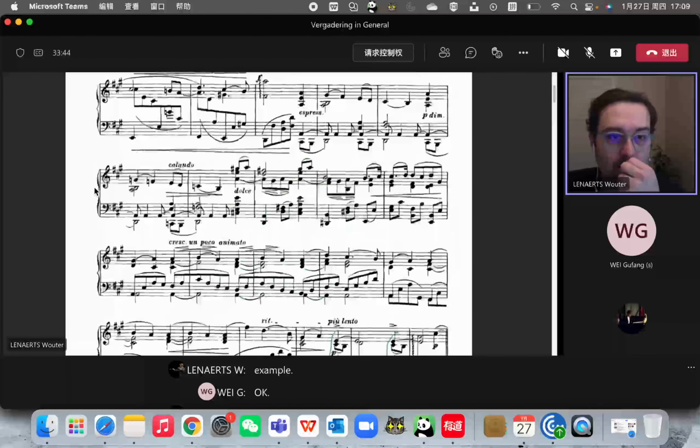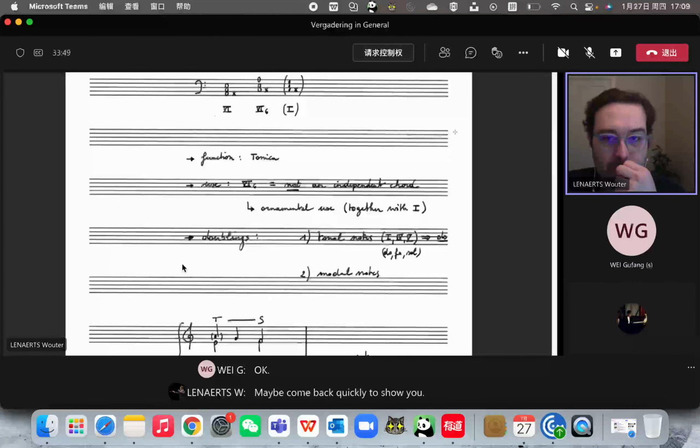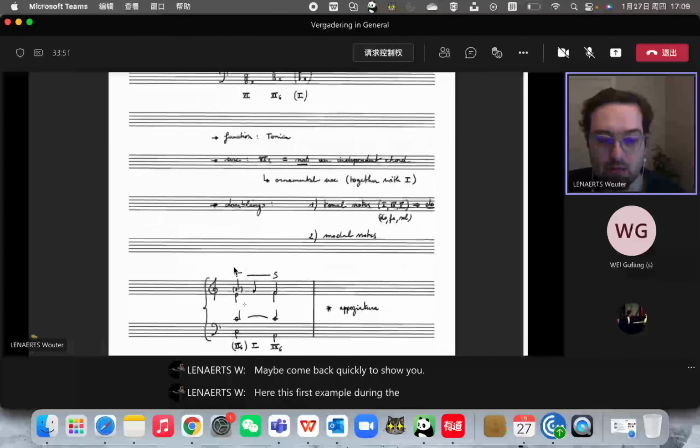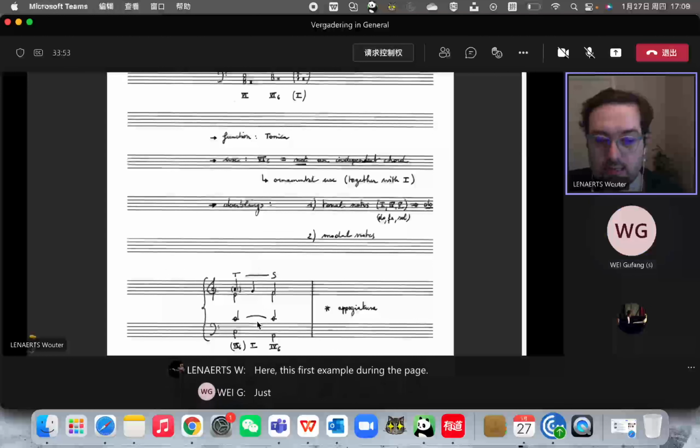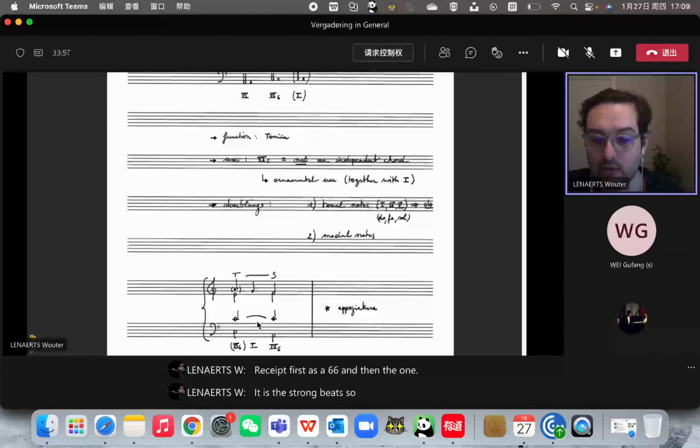Maybe go back quickly to show you. Here, this first example down the page. You see, first is the 6/6 and then the 1. That is the strong beat. So that we call appoggiatura.